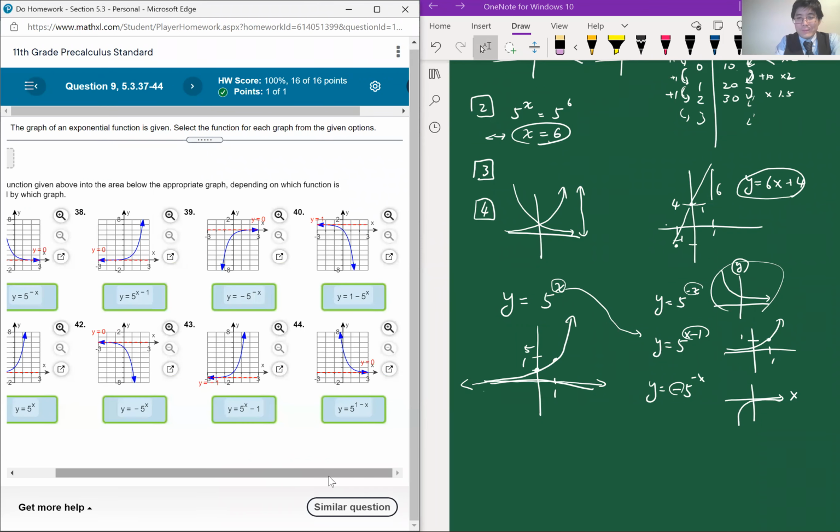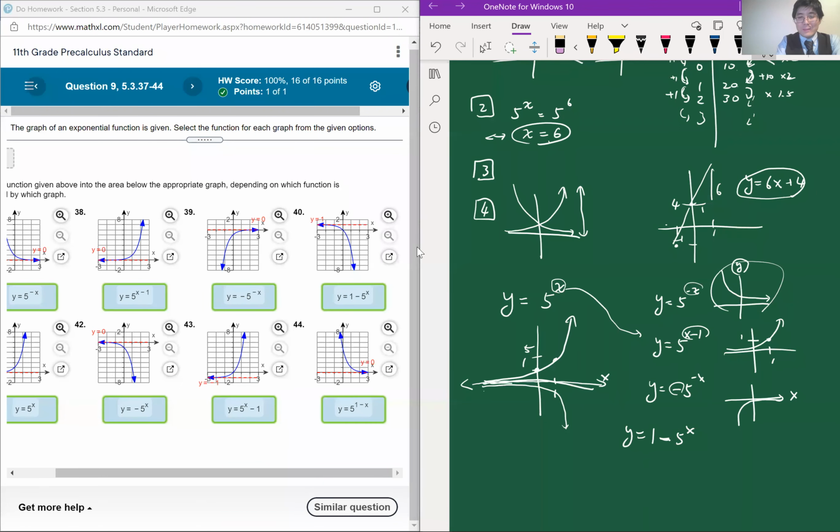Sorry, next one. y is equal to 1 minus 5 to the power of x. So first of all, you have 5 to the power of x multiplied by negative 1, so you flip it with respect to the x-axis. Then you add 1, so you have a horizontal asymptote y is equal to 1.